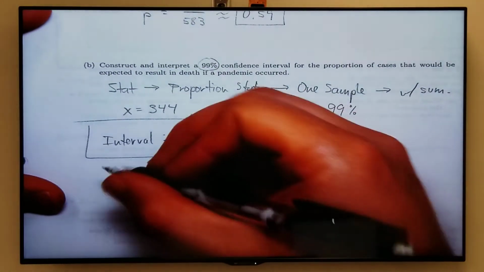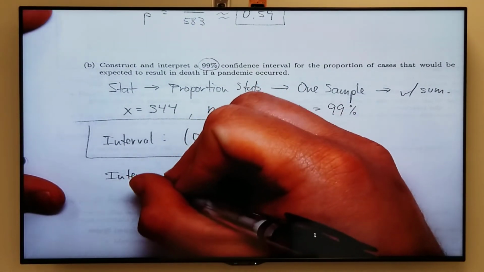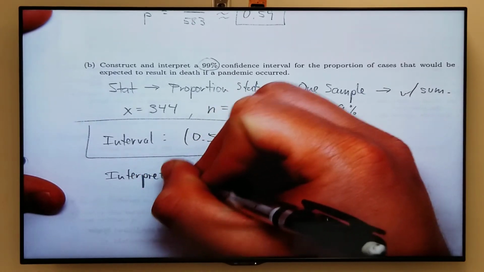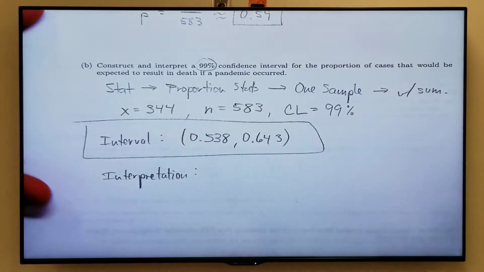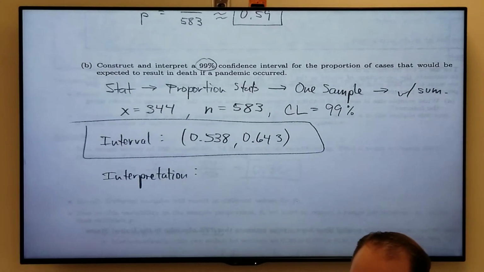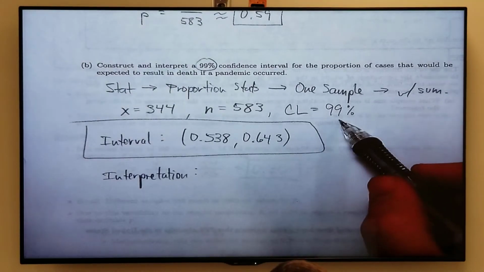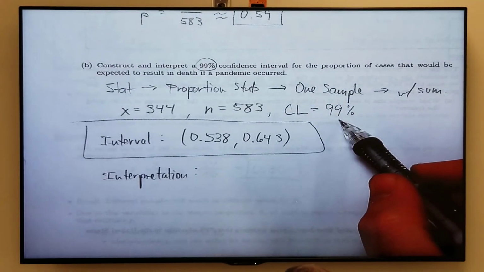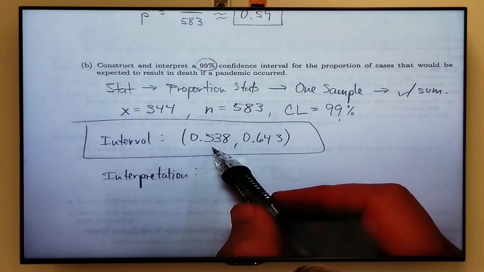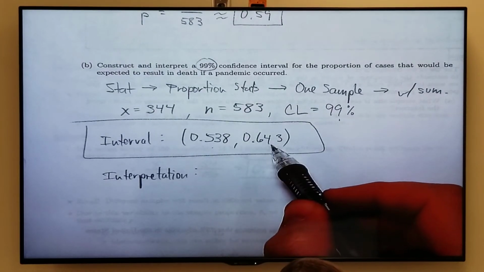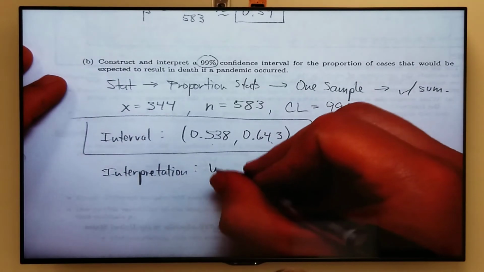There's the interval. As far as an interpretation is concerned, you could say we are 99% confident that somewhere between 53.8% and 64.3% of people would die if infected with the bird flu.